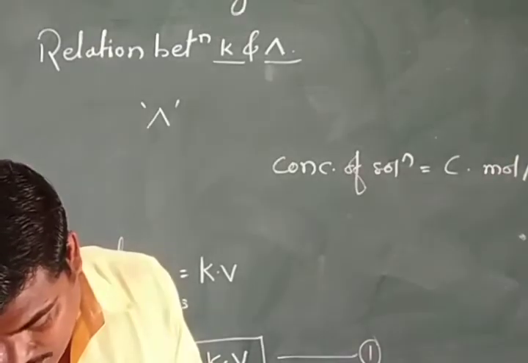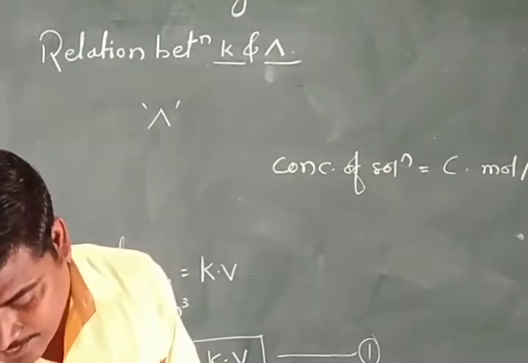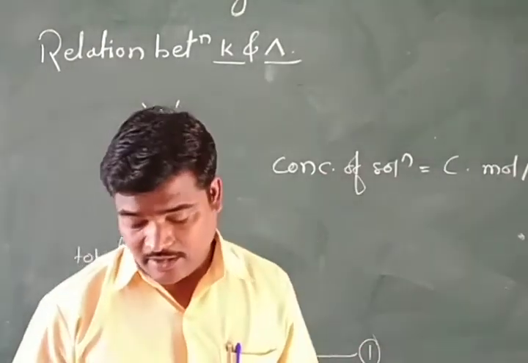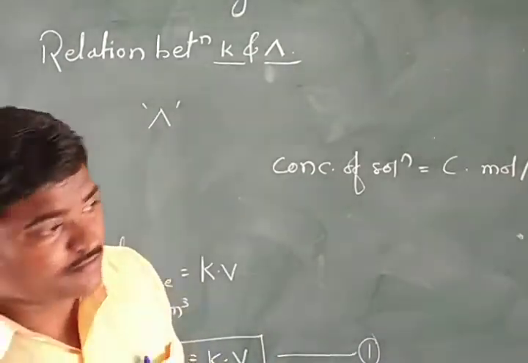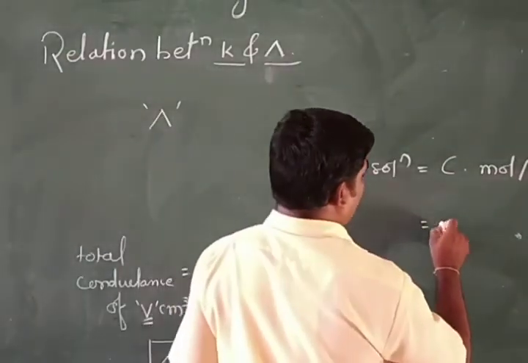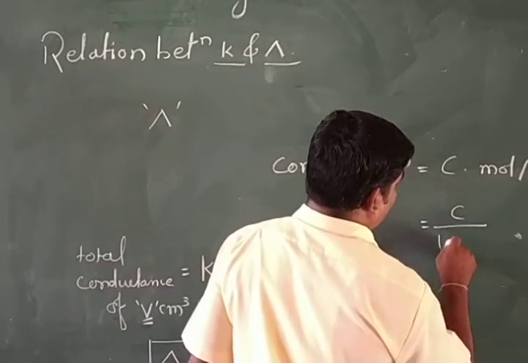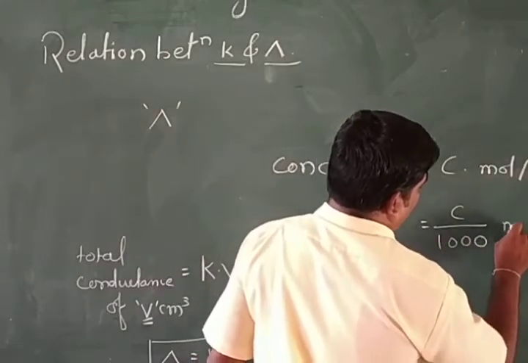If you want to calculate the concentration in terms of mole per cm cube, then we have to divide that term by 1000.